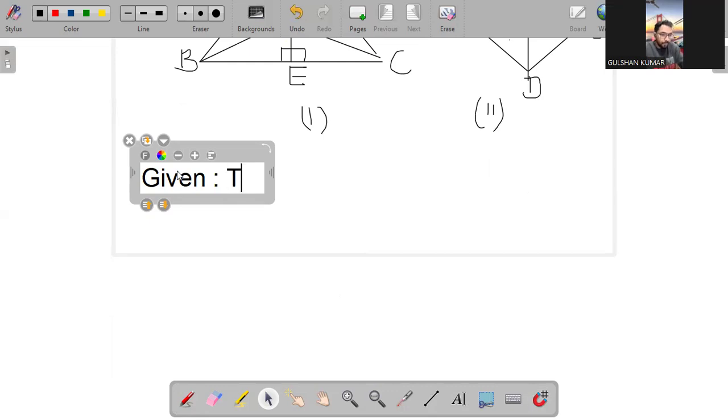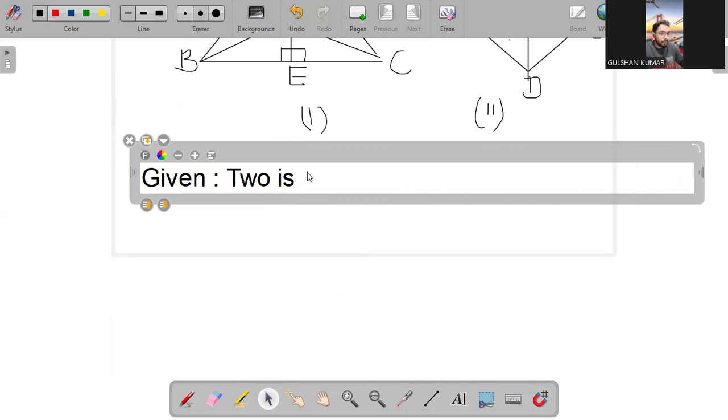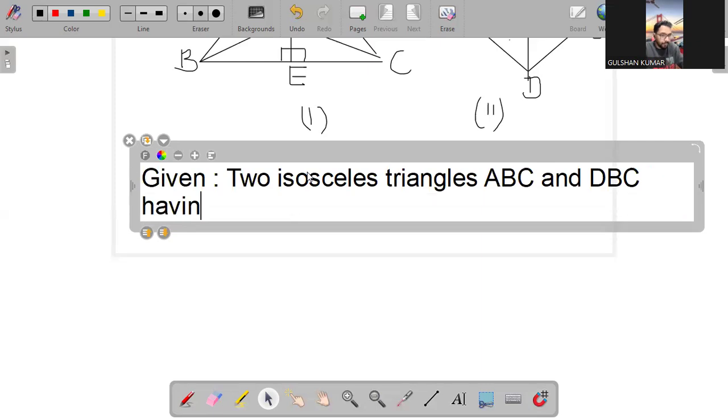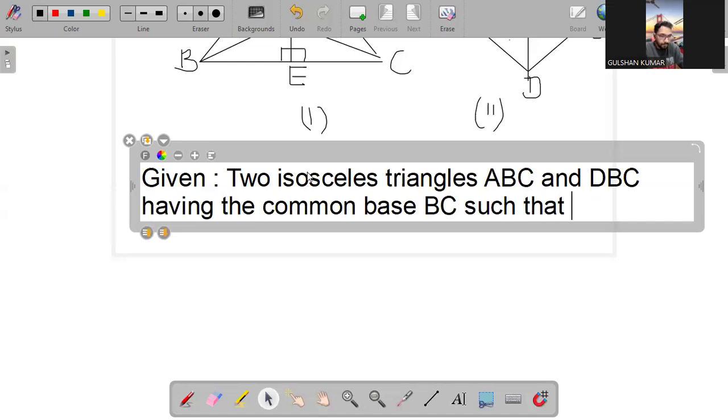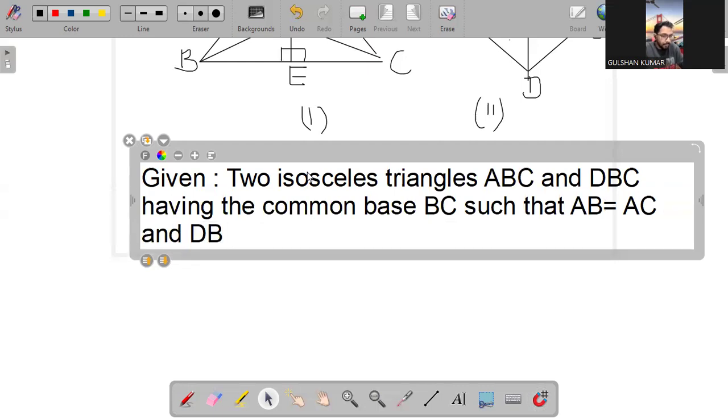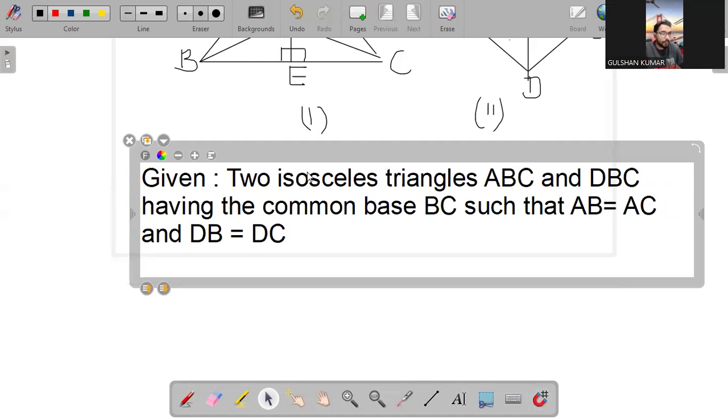It is given that two isosceles triangles, ABC and DBC, have the common base BC, that we have discussed earlier, such that AB equals AC, that is the formation of an isosceles triangle, and DB equals DC. Is it clear?